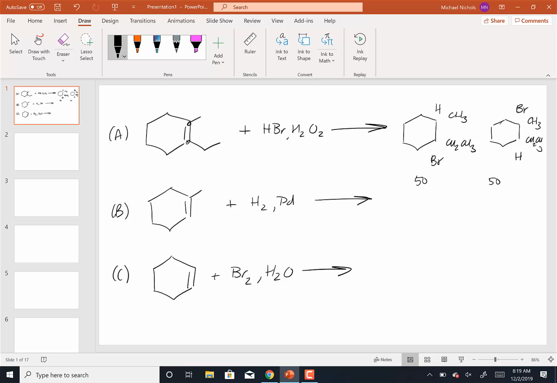Now, I wrote it this way just in case there was a stereochemistry of the HBr addition. So I've added HBr, anti-Markovnikov. What's the final stereochemistry? How should they be added? Cis, trans, 50-50. Why did they get added 50-50? Because this reaction goes through what kind of intermediate?